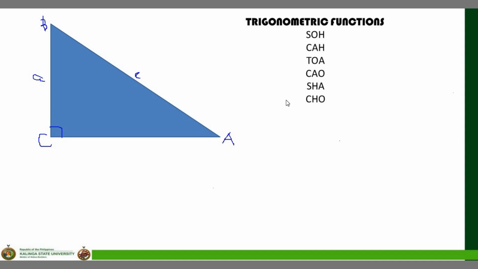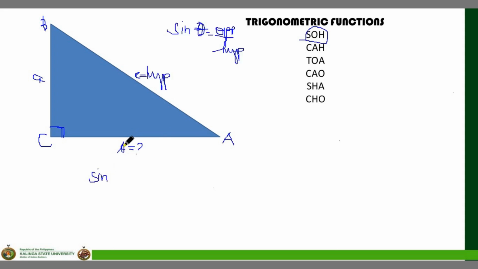If I am looking for side B, I have the value of A, the value of C, and angles A, B, and C. What is my equation to get side B? Sine of what?